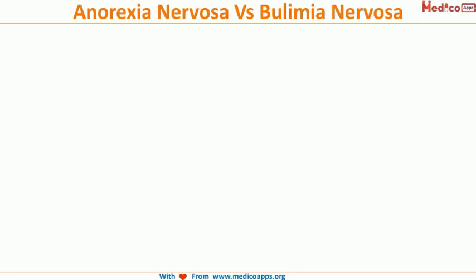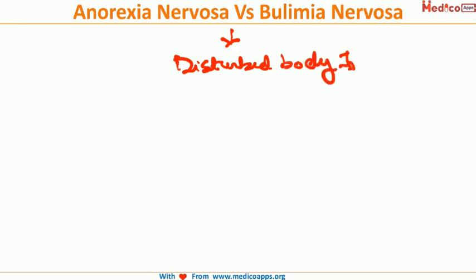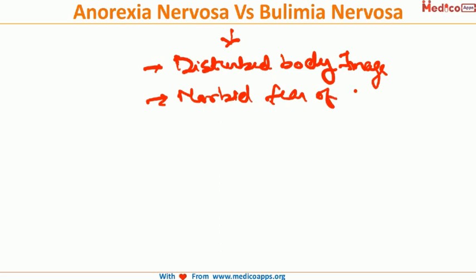Let's move forward in this Medcoapps masterclass by looking at the differentiation between anorexia nervosa and bulimia nervosa. Here you have to understand the basic problem in both: they have a disturbed body image, and both of them have a morbid fear of fatness, fear of gaining weight.